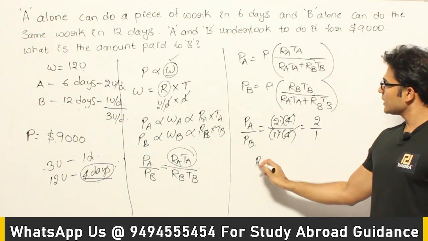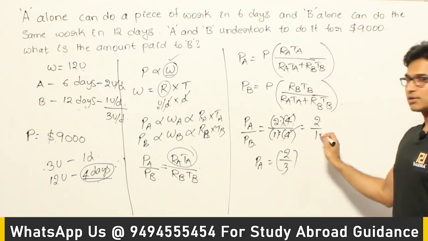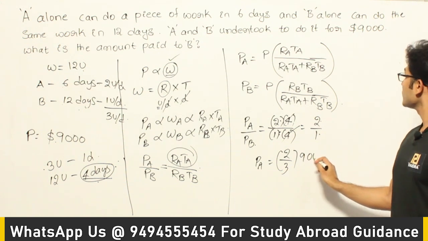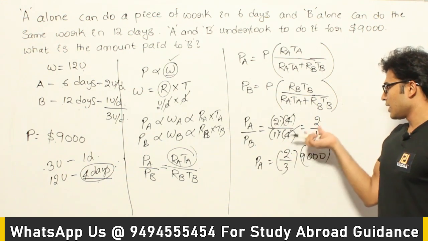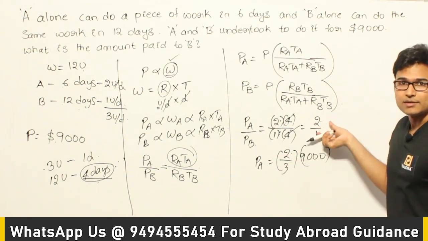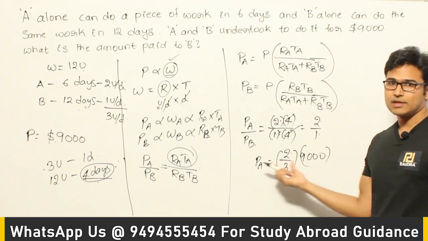Then what is the payment A will receive? A will receive 2/3 of 9,000. This one we are going to see in the ratios topic, where if the ratio is given like this, then the profit gained by one person is going to be like this.